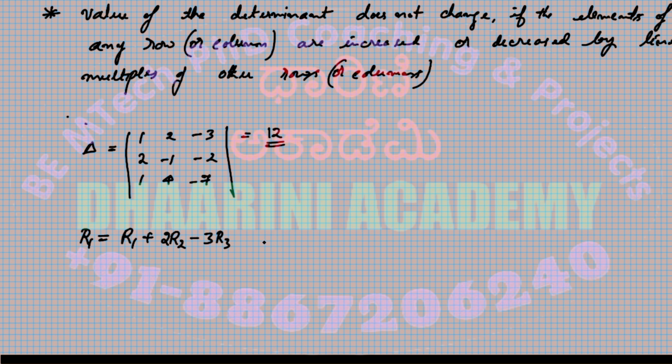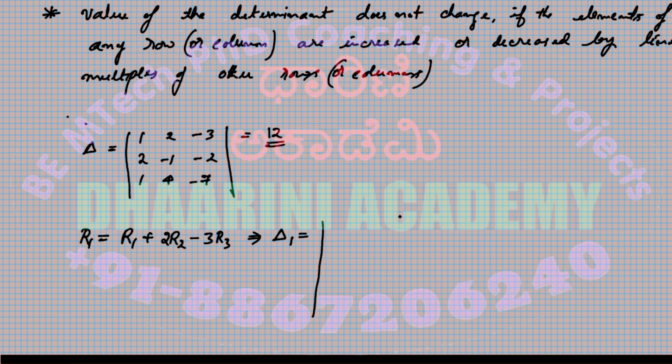Let's do this to get a new determinant, which I'll call delta 1. Only row 1 will change; row 2 and row 3 remain the same. So row 1 is equal to the content of row 1 plus 2 times the content of row 2 minus 3 times the content of row 3.